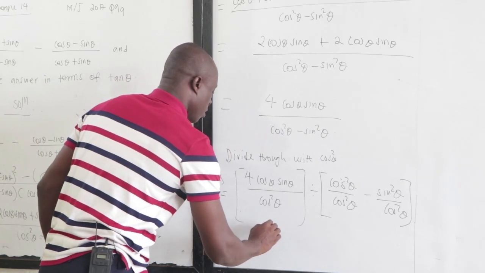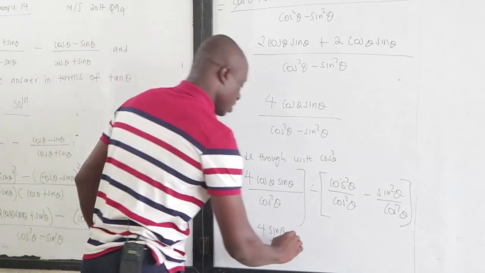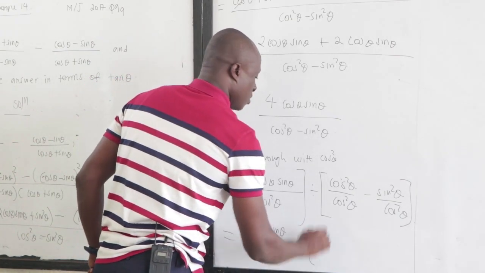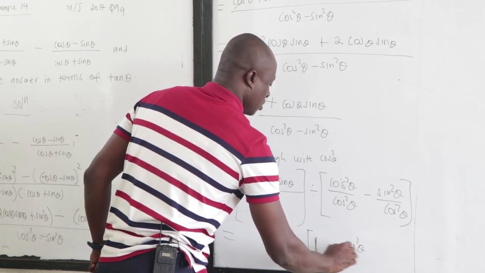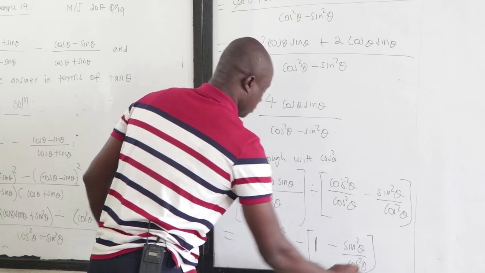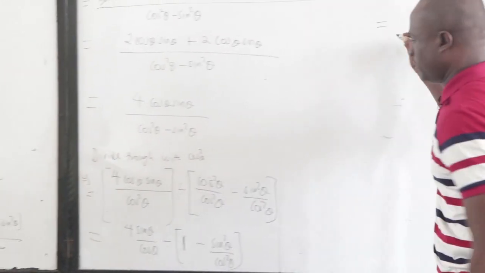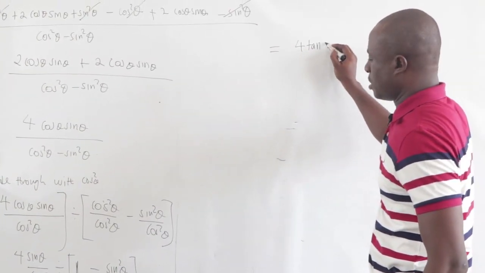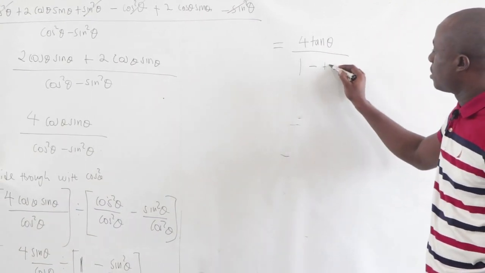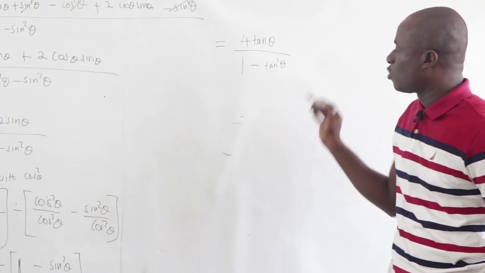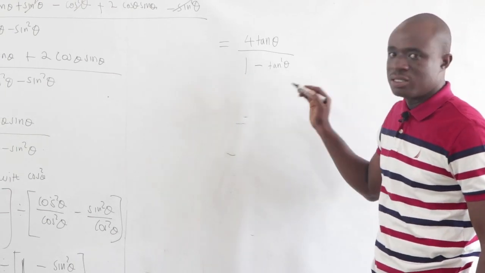So we have 4 sine theta all over cos theta, because cos theta has cancelled 1, divided by 1 minus sine square theta all over cos square theta. Now, what is sine theta over cos theta? That is tan theta. So we have this to be equal to 4 tan theta all over 1 minus sine over cos is, we have tan square theta. So we have been able to express it in terms of tan theta.